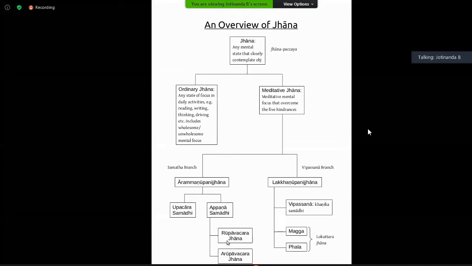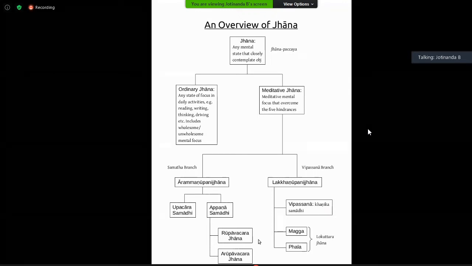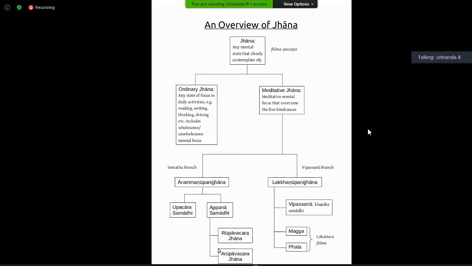And then beyond the rupavacara jhana, you develop further. It comes into the arupavacara jhana. Rupavacara jhana means the fine material sphere jhana. Beyond that, there's the arupavacara, the immaterial sphere jhana.